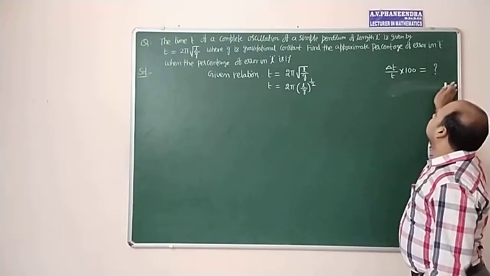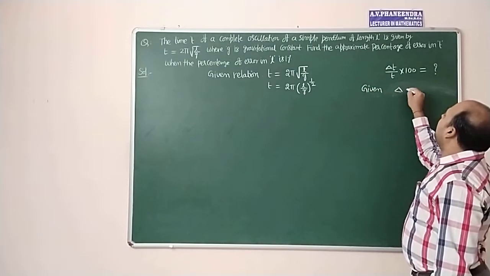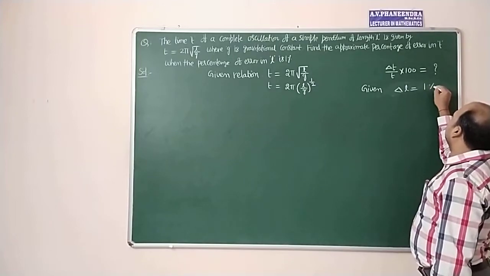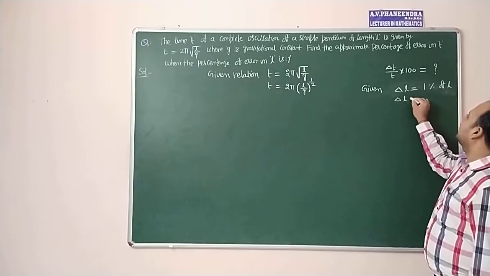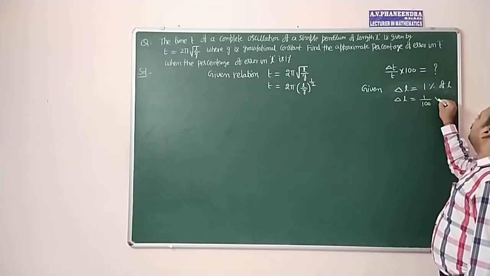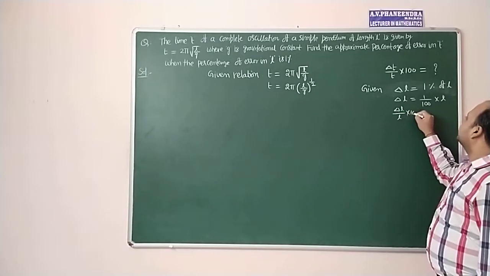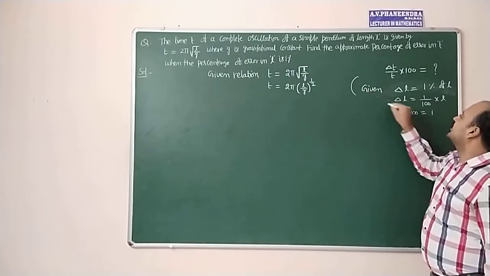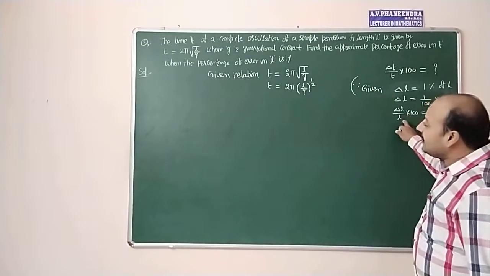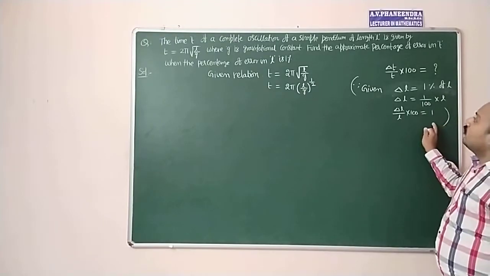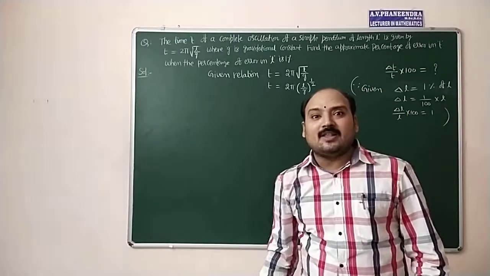Given ΔL is equal to 1% of L. That means we can write ΔL is equal to 1/100 times L. So cross multiplying, ΔL/L × 100 is equal to 1. This information is given. When the percentage error in L is 1, you have to calculate ΔT/T × 100, the percentage error in time T.